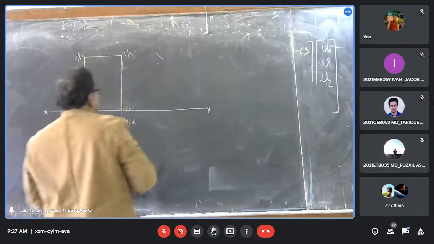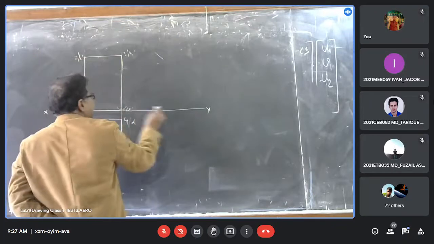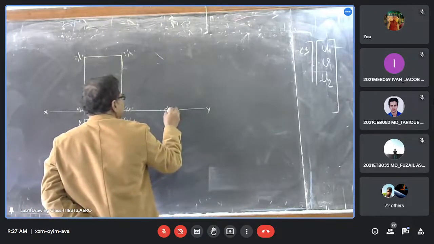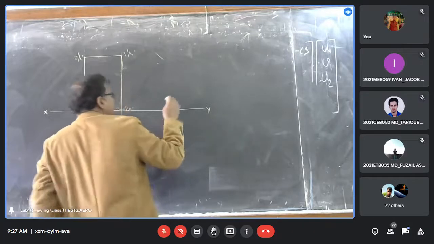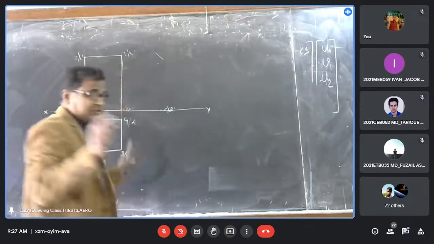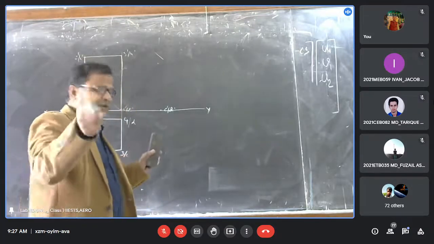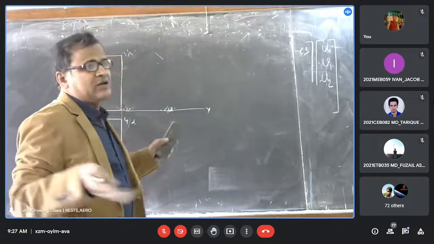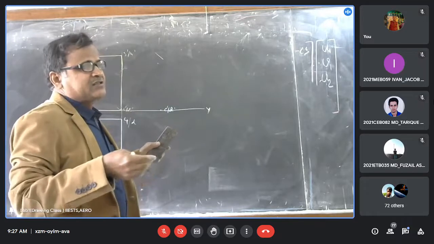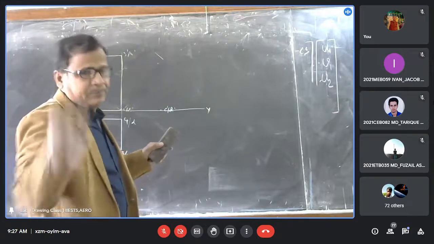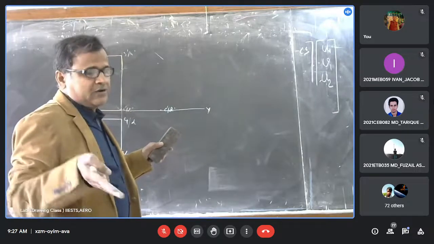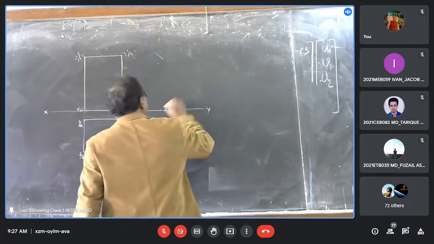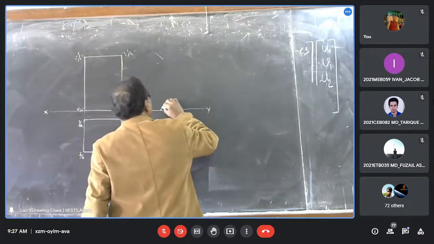So I have now just shifted this here, and then I have added the second condition. One rectangular surface making a 60-degree angle with the horizontal plane. So you make a 60-degree angle on this right hand side, like this.